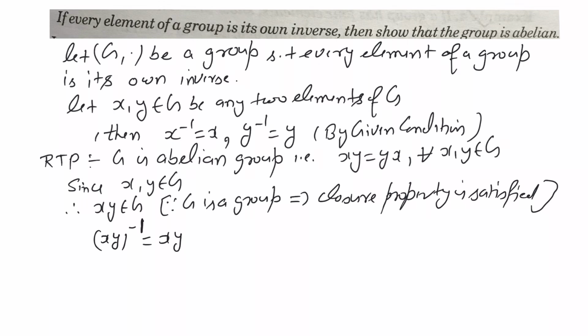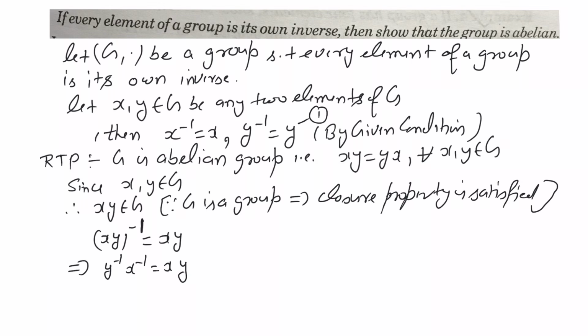This further implies that, and we know how to open the inverse: y will come first, then x. So the inverse opens in the reverse order. So this will be y inverse x inverse is equal to xy.